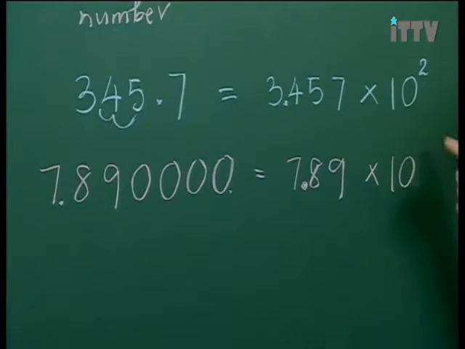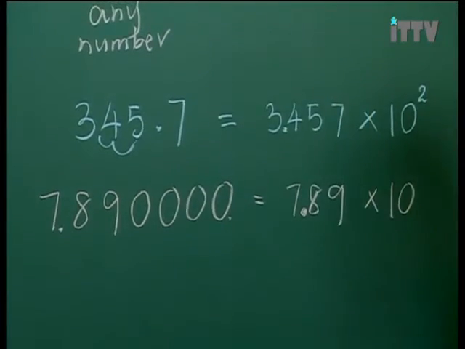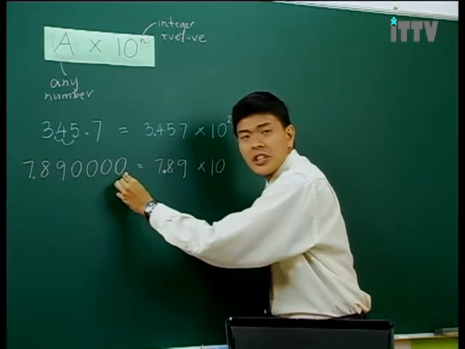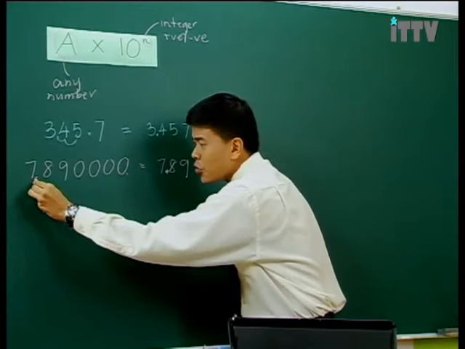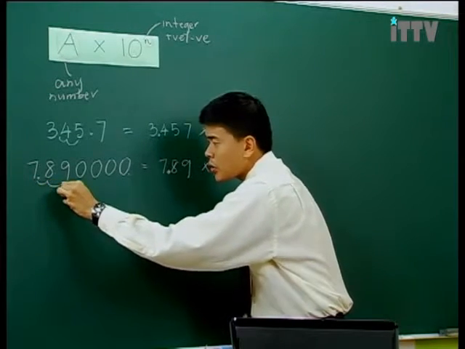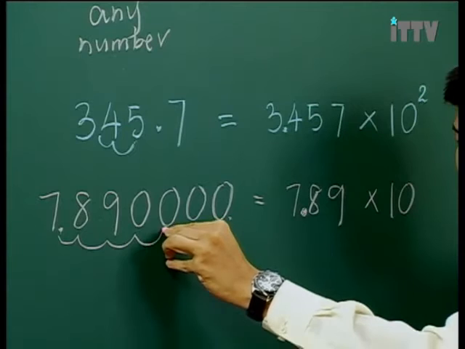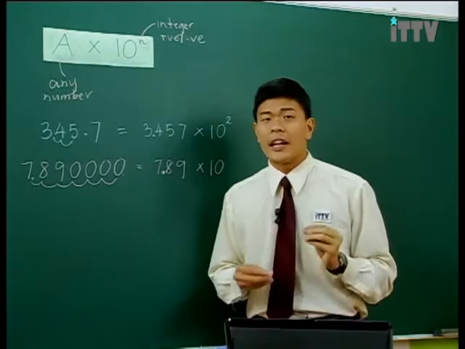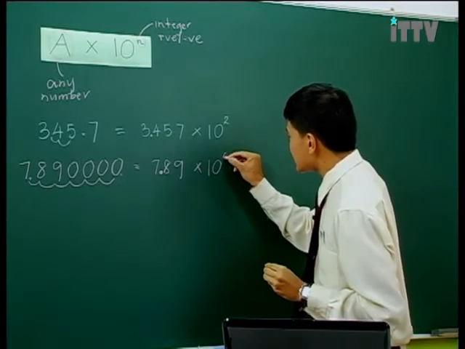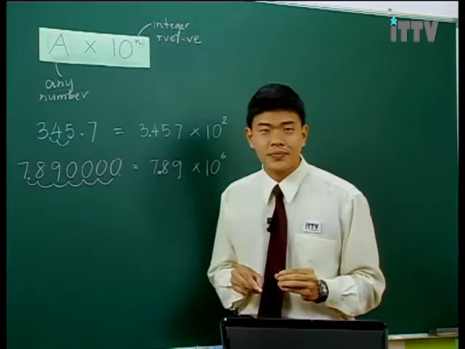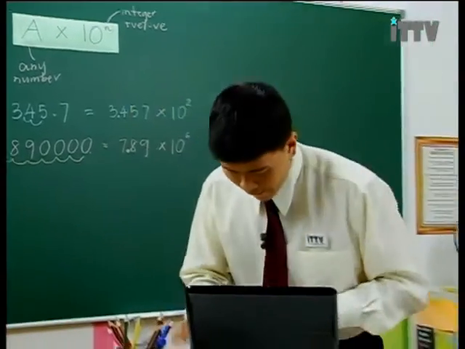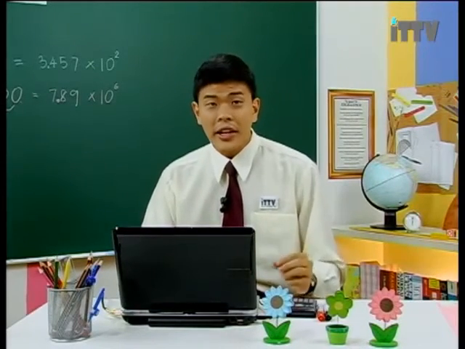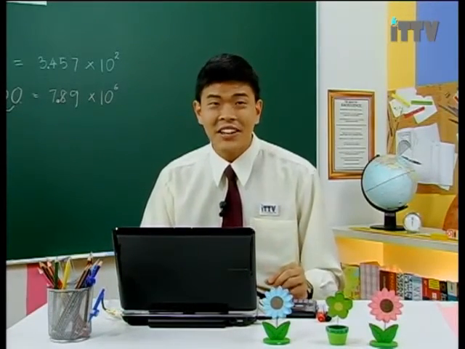So, to decide the value of n, move from the new decimal point to its original decimal point. And you would need to move 1, 2, 3, 4, 5, 6 places to the right. Therefore, the power of n is 6. So these are ways of writing numbers which are greater than 1 in the standard form.